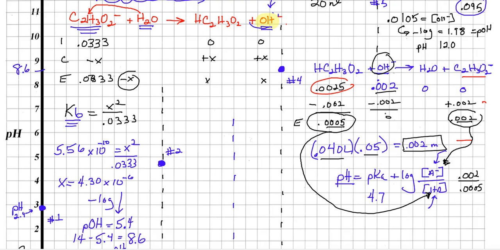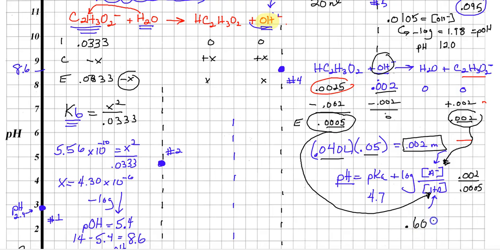And when you do that, you get, let's do that again. So when you have 0.002 divided by 0.0005, you're going to get 4. So you do the log of 4, which is 0.602.